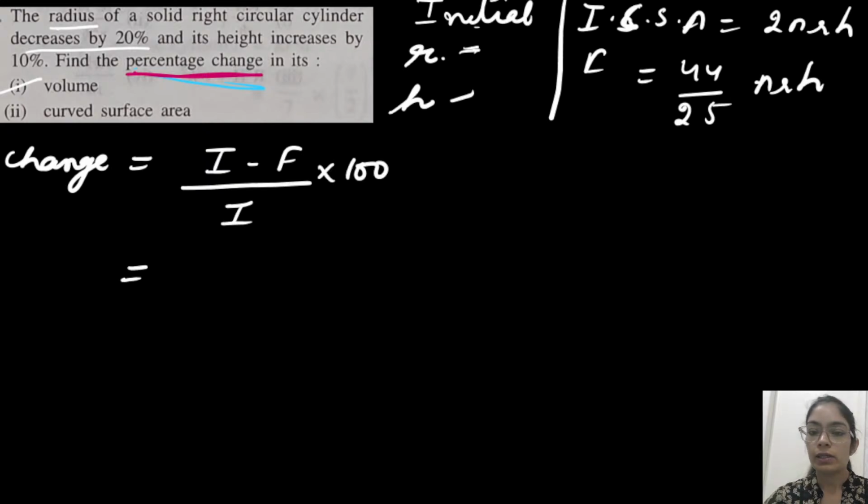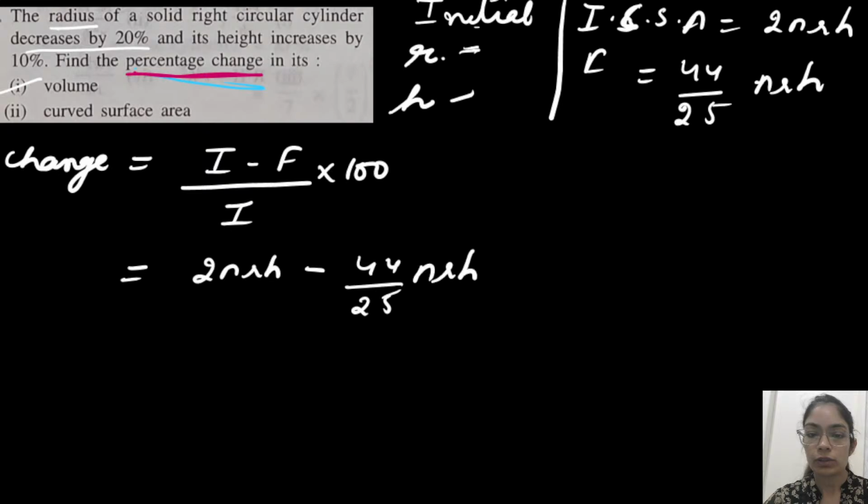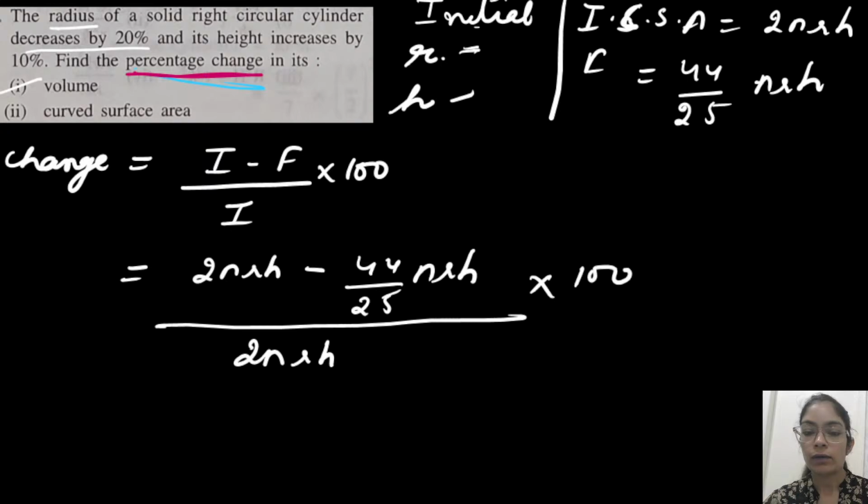So initial value is 2 pi RH minus final value 44 by 25 pi RH, by again initial 2 pi RH into 100. Or we'll do one thing here. Because full 2 pi RH we will take out common, like we did in the previous question.